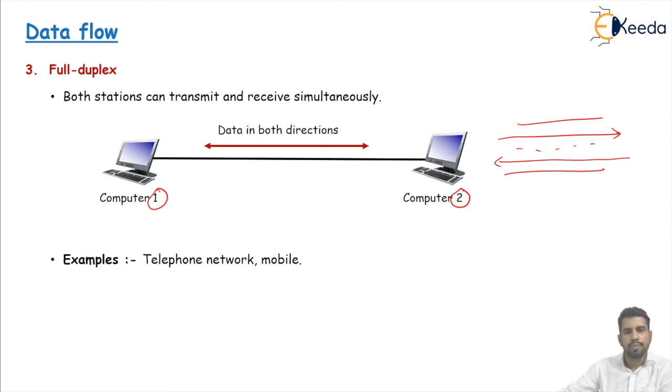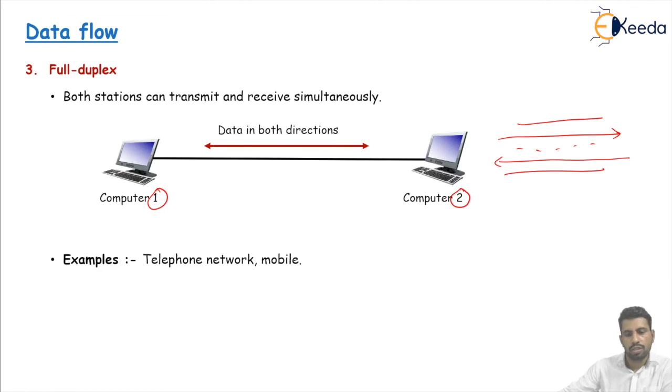Okay. Now think about a question for you. Which type of data flow is important for us in the coming era of technologies? Think about it and try to answer the question. In the coming era of technologies, we want the response as quick as possible.